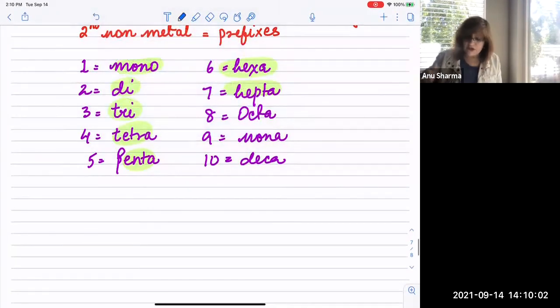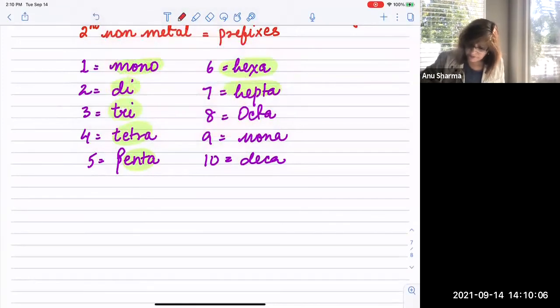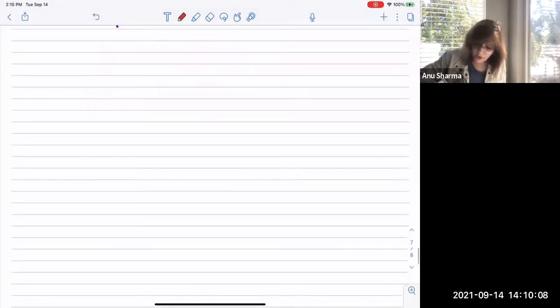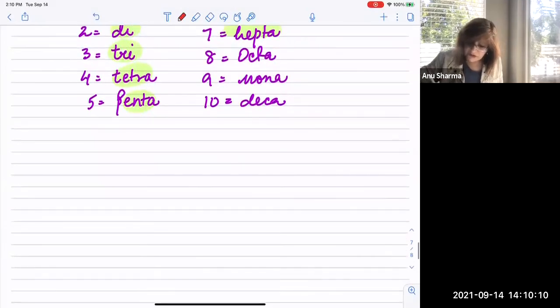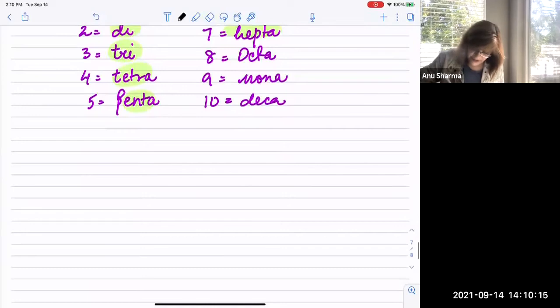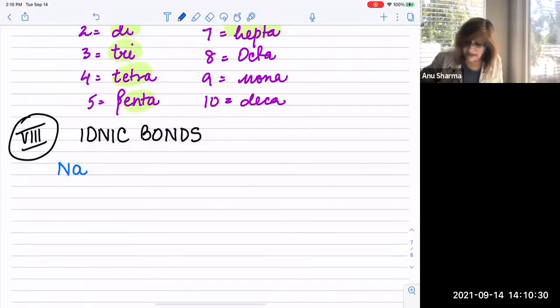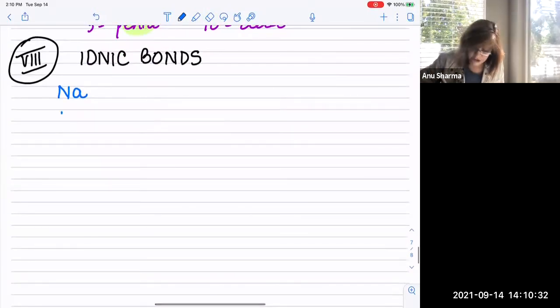So now let's look at bonding and the naming. Bonding, first of all, let's look at how ionic bonds are formed. Here you have a metal, which is sodium, and here you have a non-metal, which is chlorine.